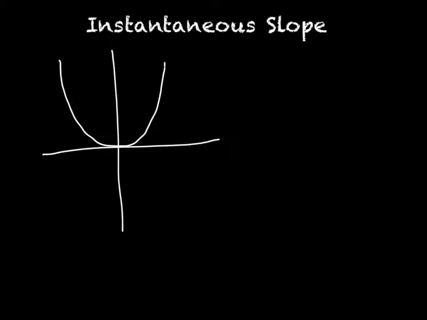How do we find the instantaneous slope? Well, we already know how to find the slope between 2 points on a curve. So for example, if we want to find the instantaneous slope at the point 1, 1, what we can do is take 2 points 0, 0 and 2, 4, and we can draw a secant line between them.